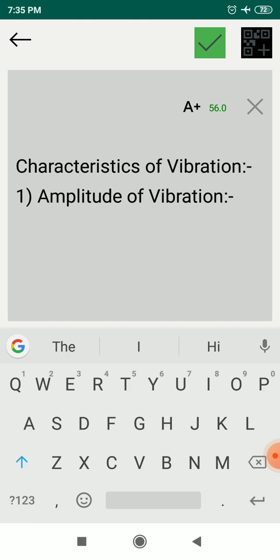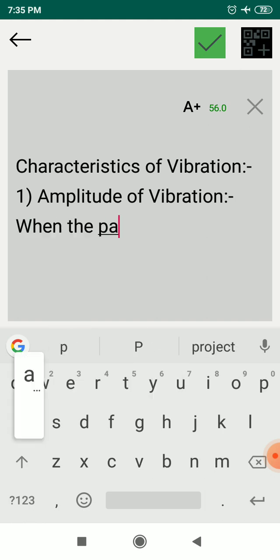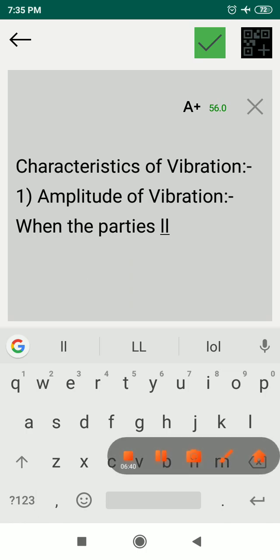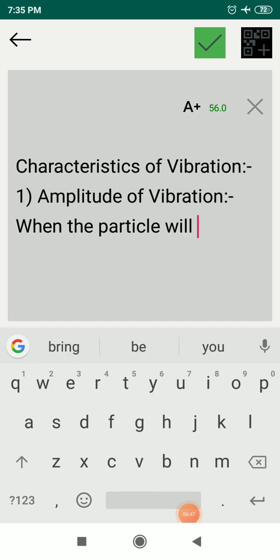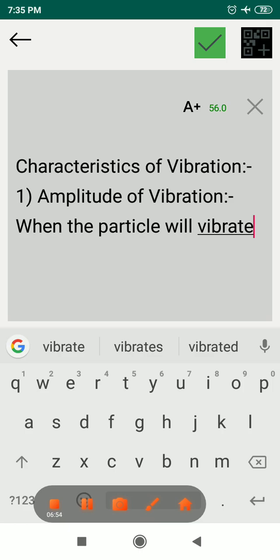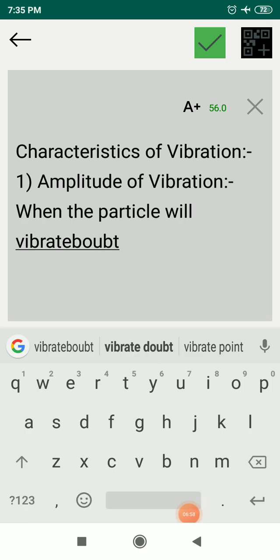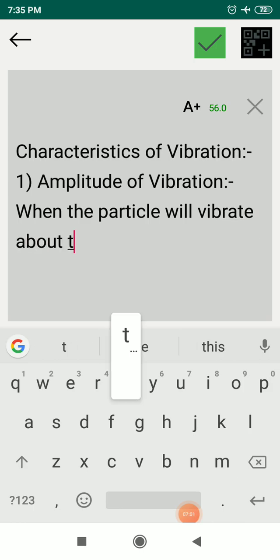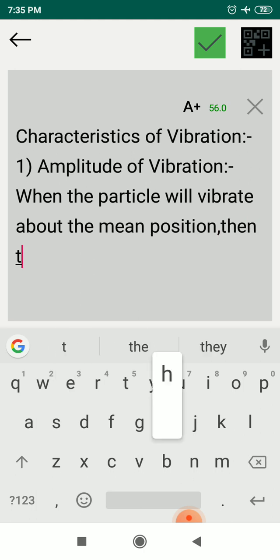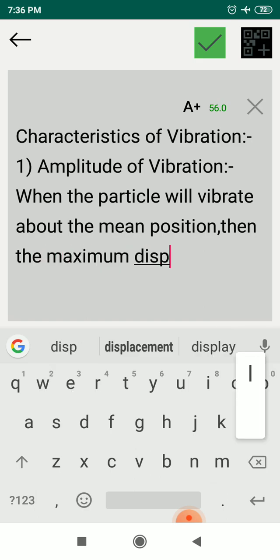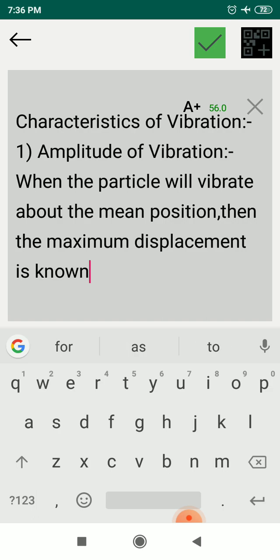Amplitude of the vibration: whenever the particles vibrate about the mean position, then the maximum displacement is known as amplitude.